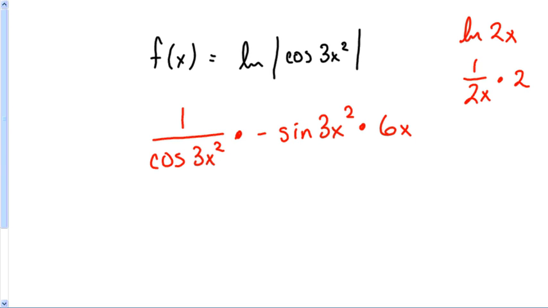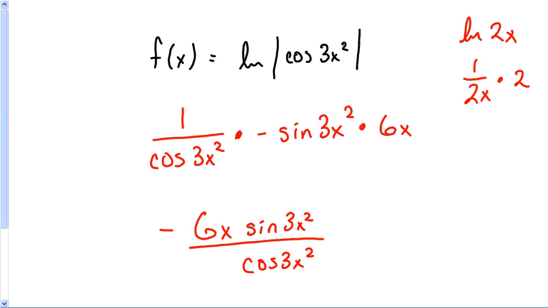So anyway, let's see what we can do here. Fix this guy up. So we end up with negative 6x sine 3x squared over cosine 3x squared, which you should immediately notice simplifies. Now, please make sure you notice something. This square that we keep talking about is on the x up here.